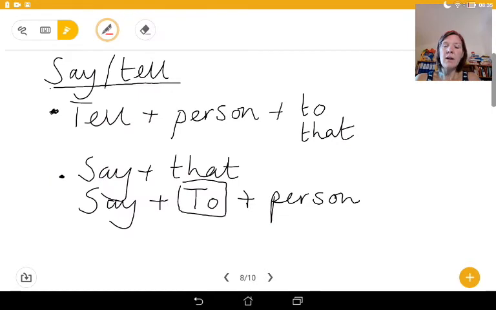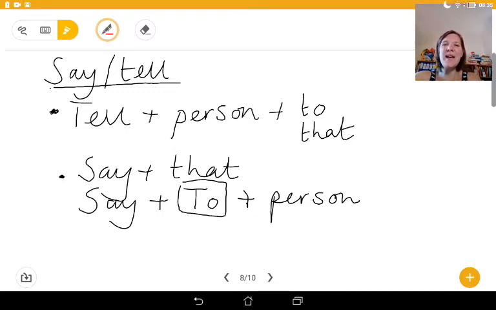Moving on, other things to speak about with the direct and indirect questions. The use of say and tell. This is an error that I probably correct about 10 times a day, I think, when people say, can you say me the answer? And it just sounds horrible because it's so wrong. Okay, so remember the fundamental difference between say and tell.